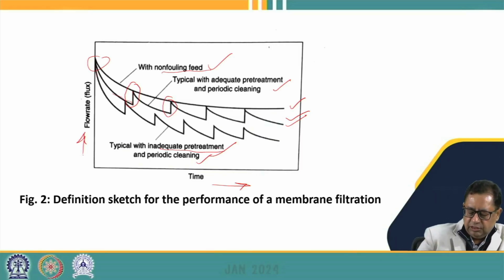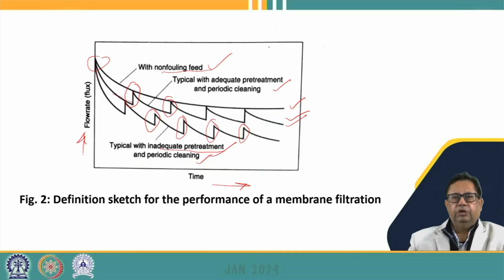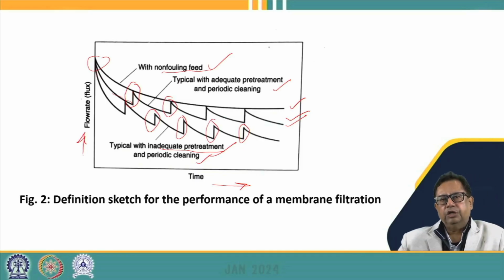That's why the flux declines very fast, and again these peaks that you are seeing show the cleaning frequency of the membrane. We know that as the fouling increases, the cleaning frequency also increases. So you can see that in the later stages you have to clean the membrane at very frequent intervals.